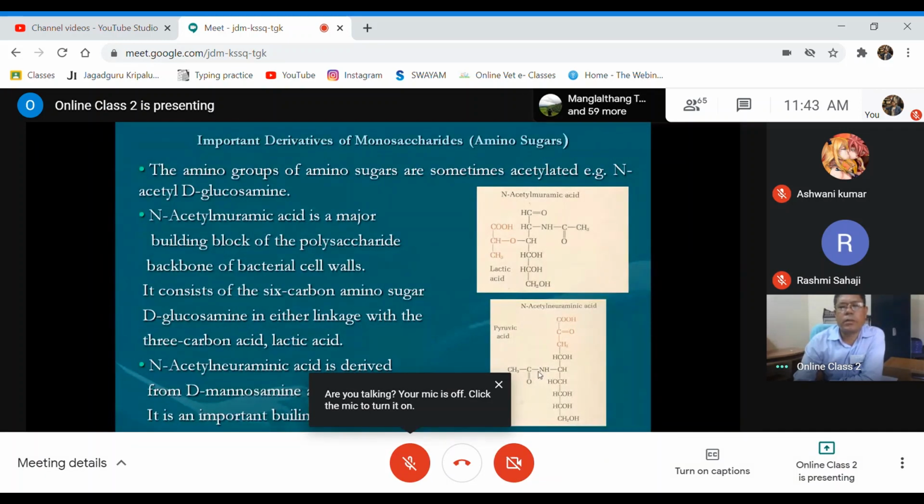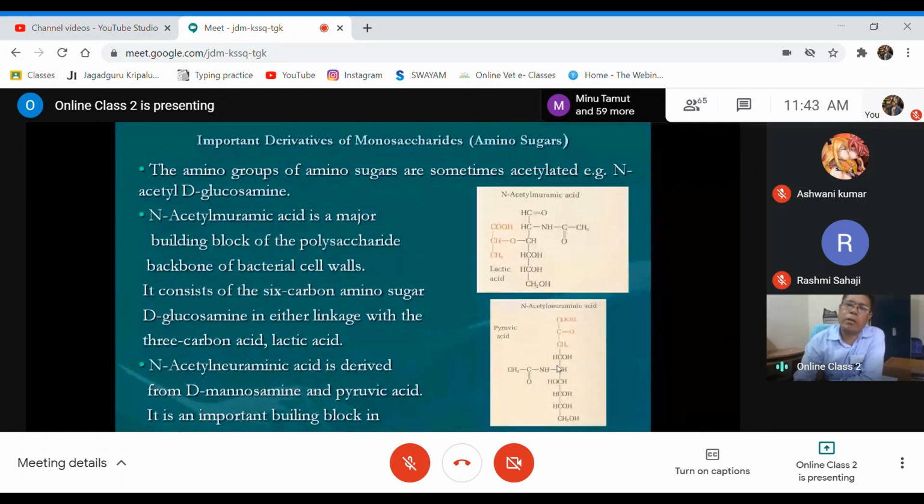What is this? It is the acetyl group. Then finally to carbon number 1, pyruvic acid is added. So this product is N-acetyl neuraminic acid. It is also called sialic acid.